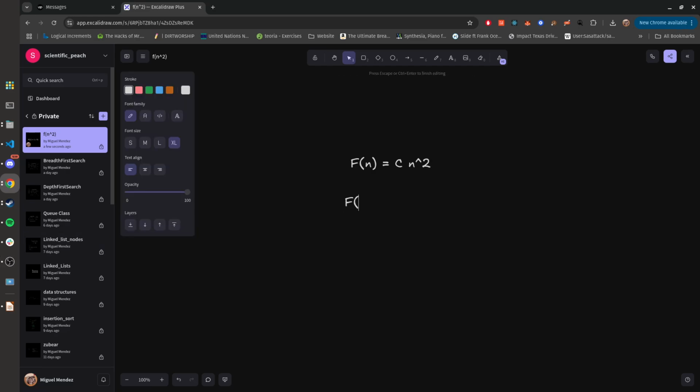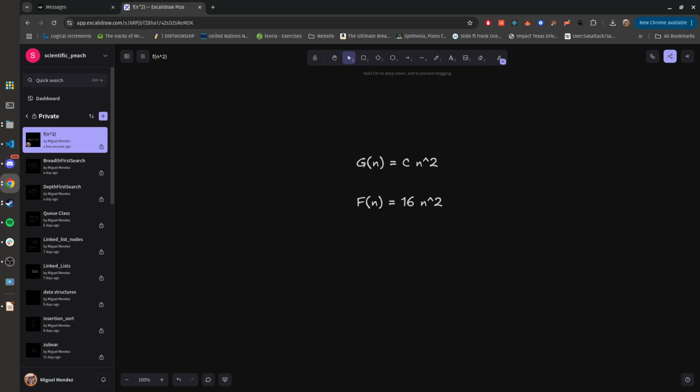So f of n currently, we'll call this g of n, because ultimately these are going to be two different functions. And f of n is currently 16n squared. So what it's really asking for is just what value of c is going to be bigger than f of n.